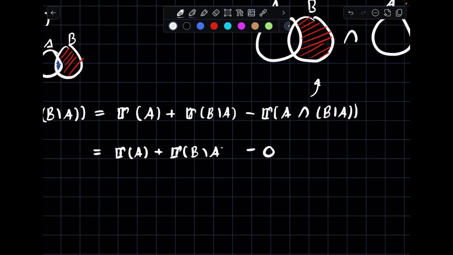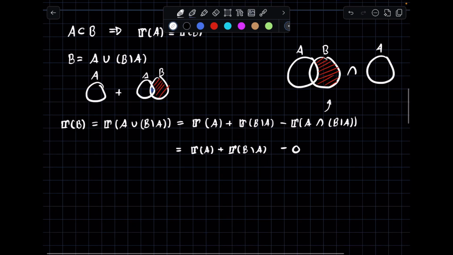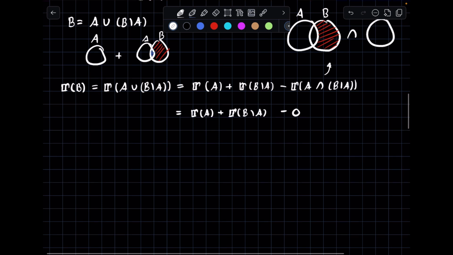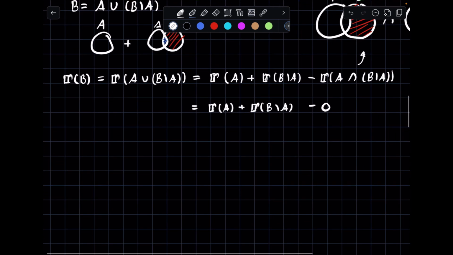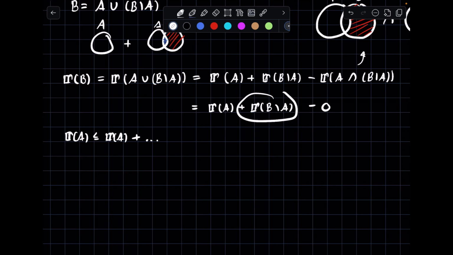P of B minus A. Now the important thing here is that we have to understand something. P of A is always going to be lower than something added to it. So it's like saying P of A is lower or equal to P of A plus something, right? So in this case, we're adding this. As we're adding this, this is going to be lower or equal.